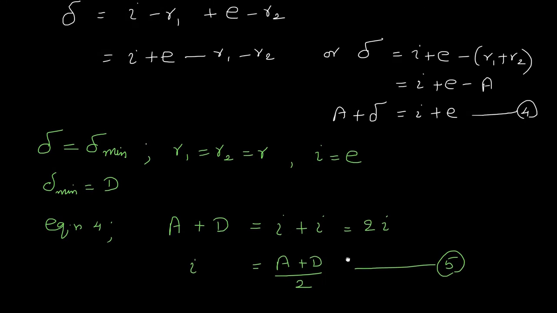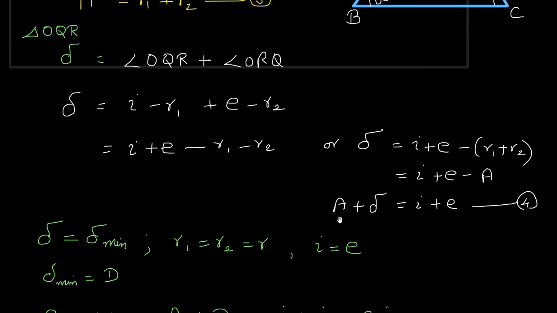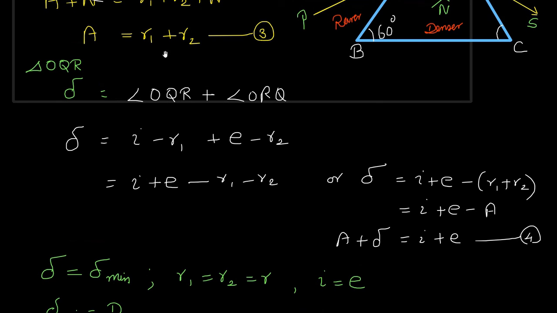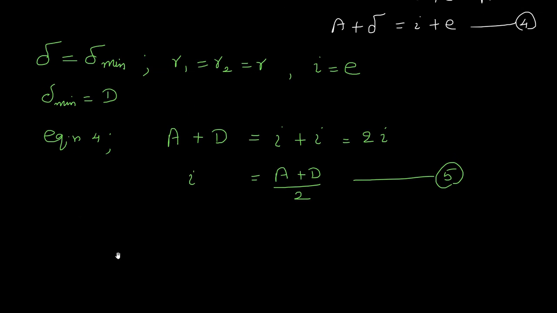Similarly, if we look at the equation for angle A, equation 3, angle A equal to R1 plus R2, R1 equal to R2 equal to R. So we write A equal to 2R, or R equal to A by 2. We call it equation number 6.